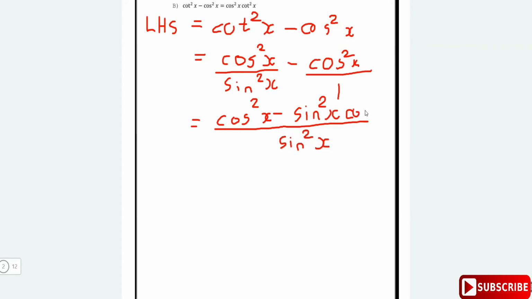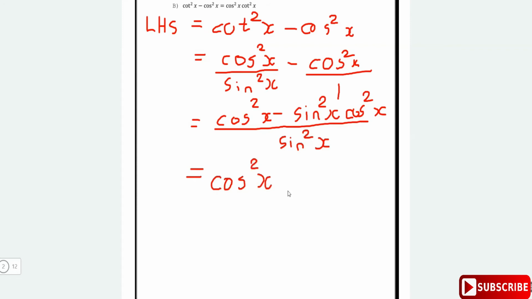Good. Now we notice that we have cos square here and we have cos square here. So we can factor out cos square x from the numerator.